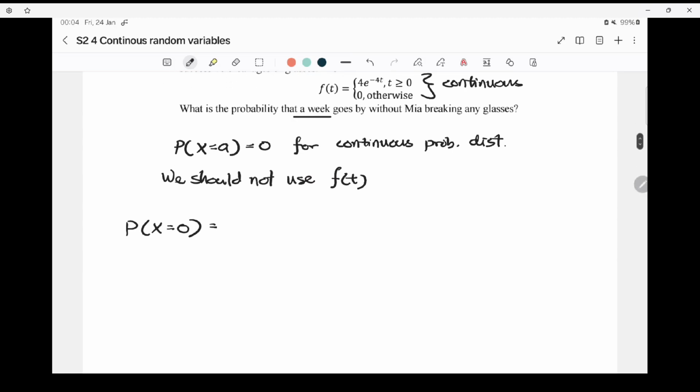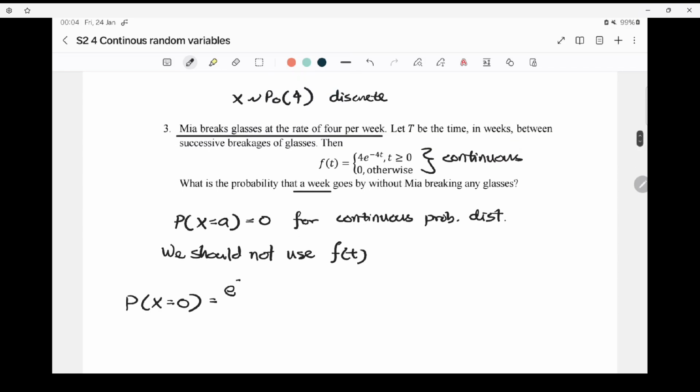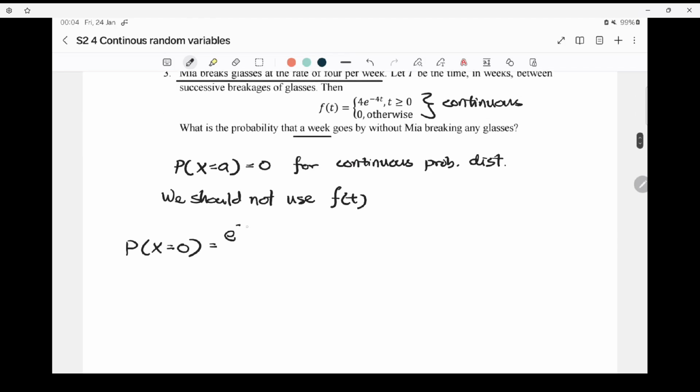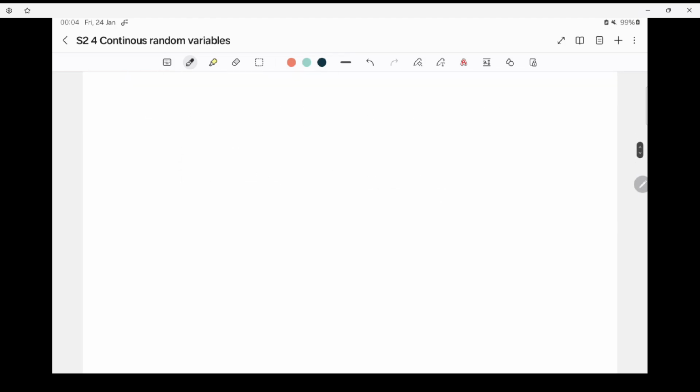So this is a Poisson distribution, so it will be e to the power of minus 4, then 4 to the power of 0, and then 0 factorial. So this will be just e to the power minus 4, which is 0.01832. So that's how you calculate the probability.